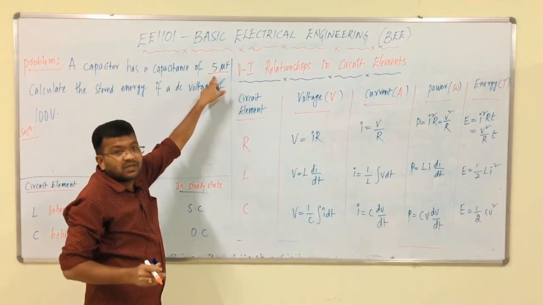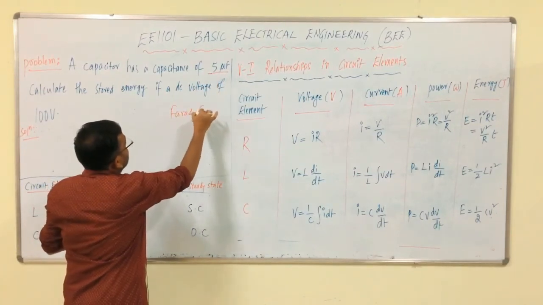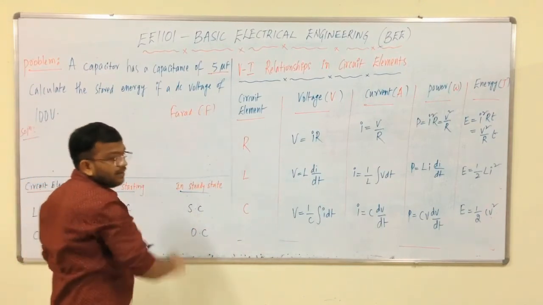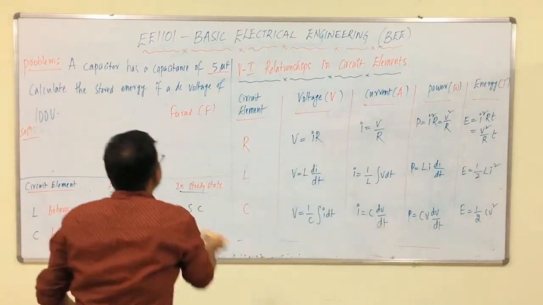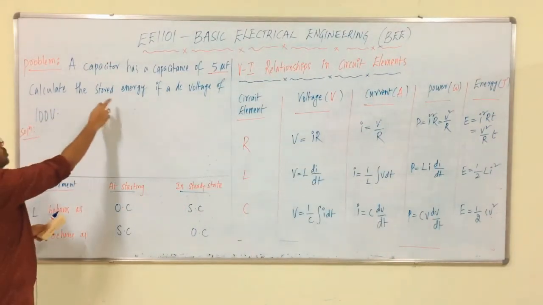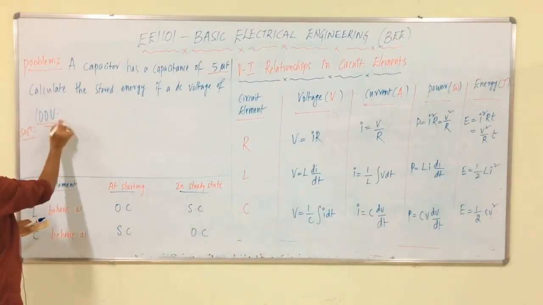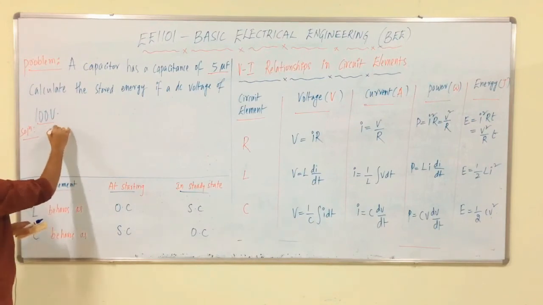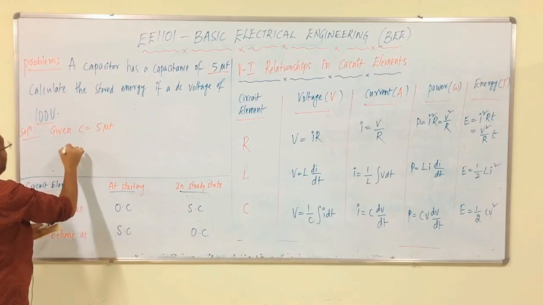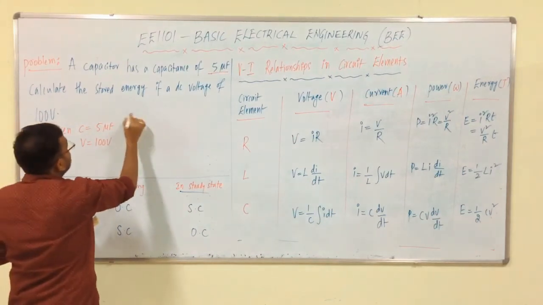The unit of capacitance is farad, that is F. We have to write it. So, 5 microfarad, calculate the stored energy if a DC voltage of 100 volts is given. C is equal to 5 microfarad and V is equal to 100 volts.